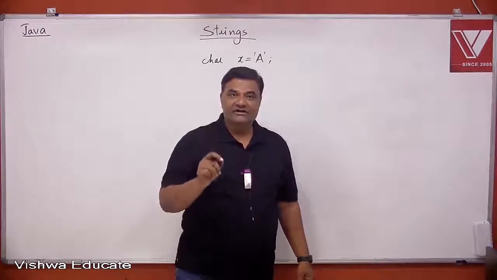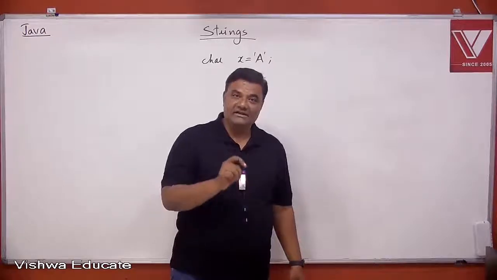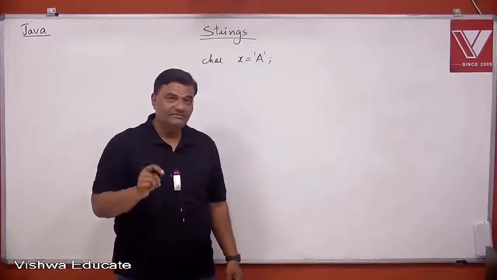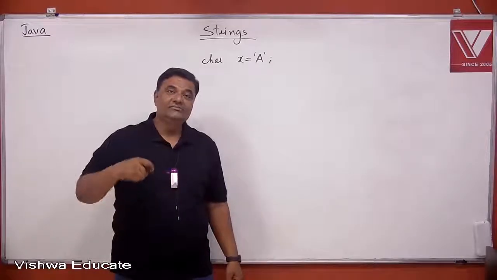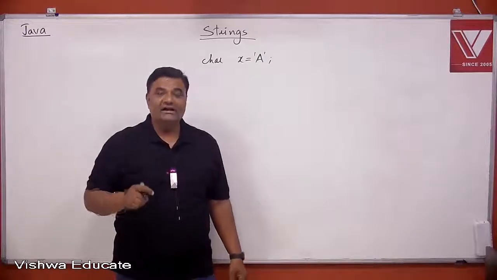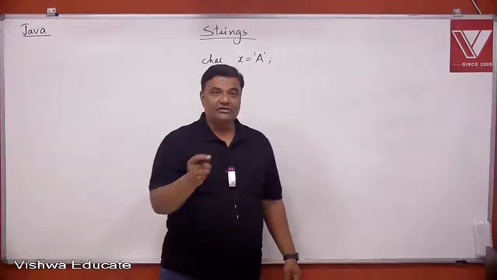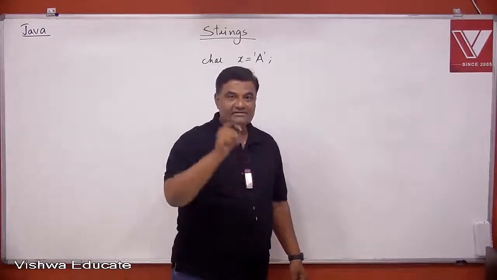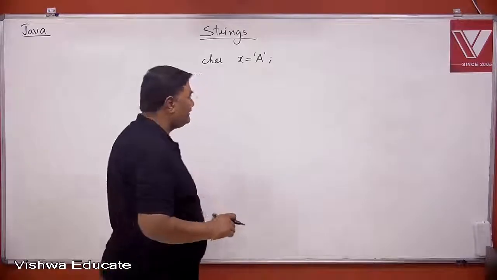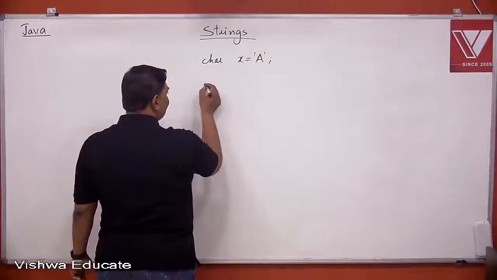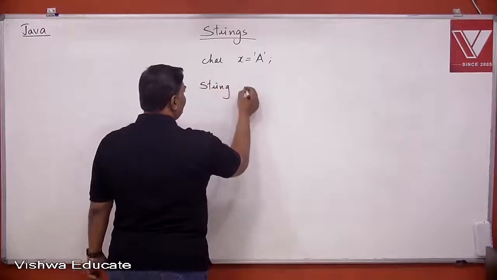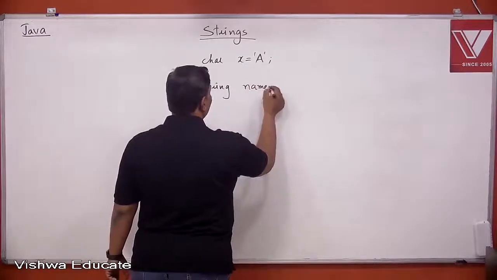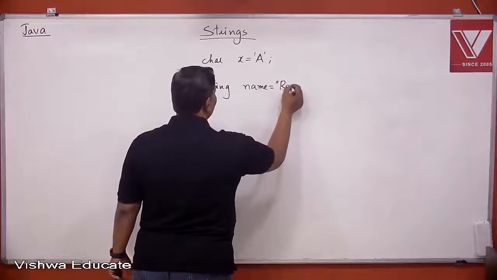So in Java, for string, there is a built-in class available, and you can create objects of that class, and that will be storing an array of characters. So let us see how we can create a string. Suppose I want to store the name of a person, then String name assign Ravi.